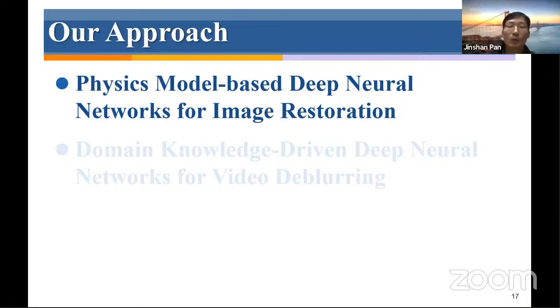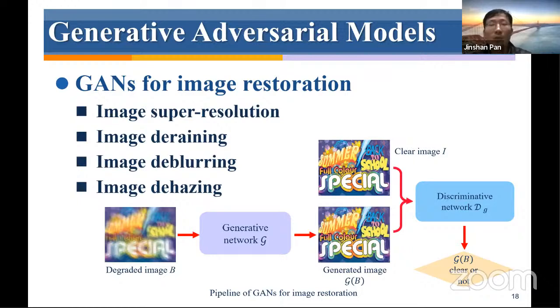So now let me first introduce our work on how to explore the physics models to constrain the deep neural networks for image restoration. I will start from the GAN models. Since the GAN has been proposed, it is widely applied to many varying tasks. In image restoration, it is applied to image super resolution, image dehazing, image deblurring, and so on.